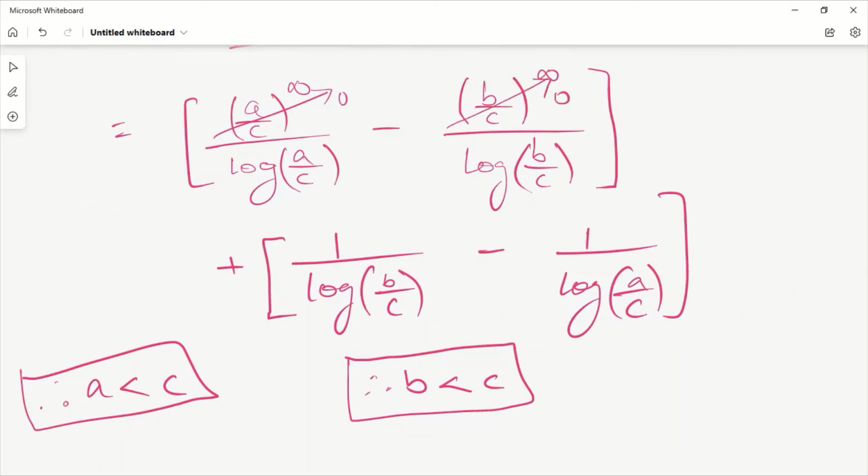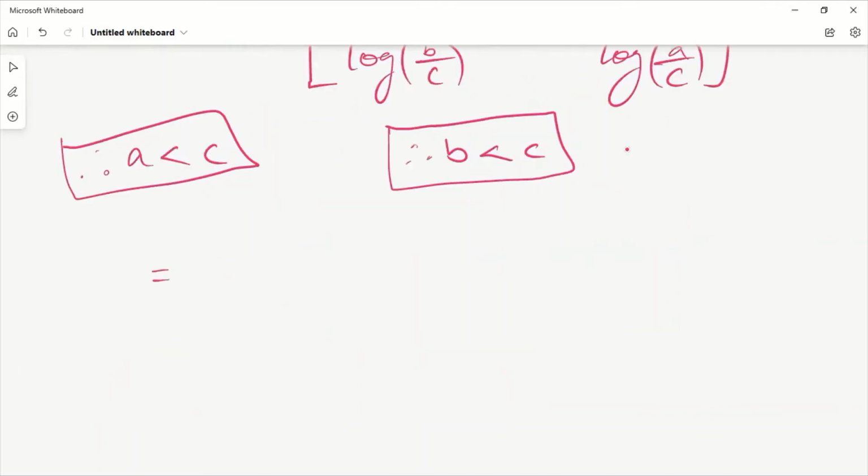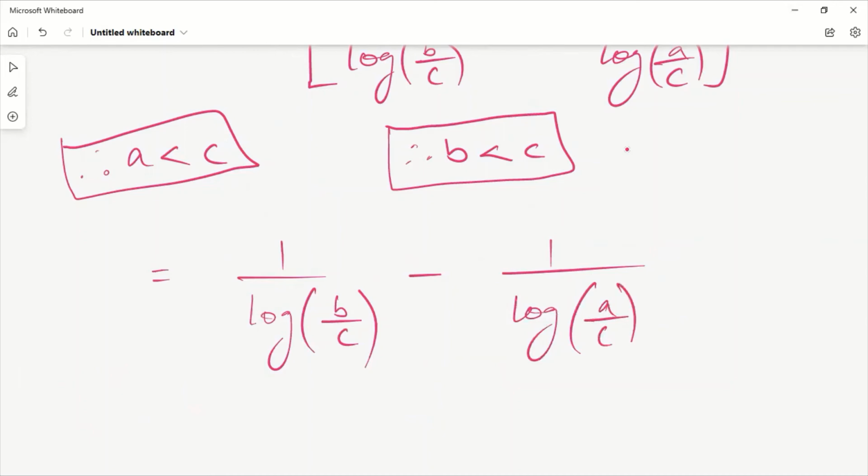So here you'll get 0 by log a by c minus 0 by log b by c. 0 minus 0 is always 0, so the value of this is 0. And 0 plus this something is it. So that is going to be your value. Your final answer will be 1 by log b by c minus 1 by log a by c. Okay, this is your final answer, and that is because of this condition.